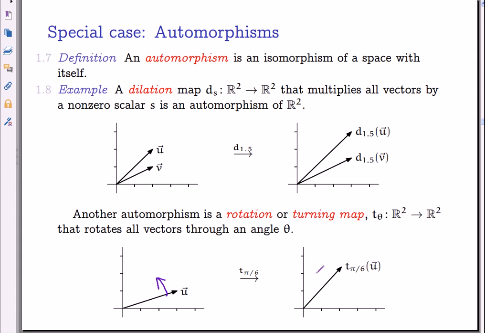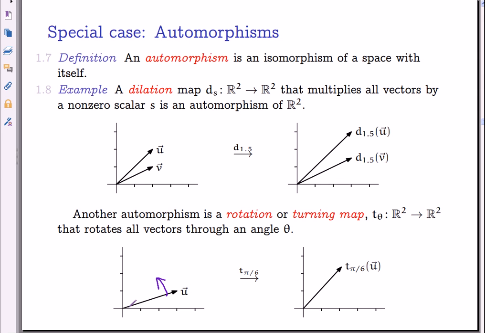All your calculations and vector sums and so on will look the same. You've just rotated the piece of paper. And again, this is an exercise to show that this mapping that maps vectors in R2 to vectors in R2 is in fact an isomorphism.